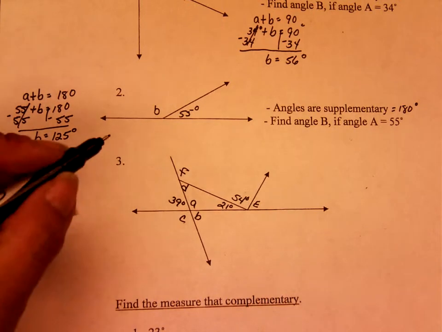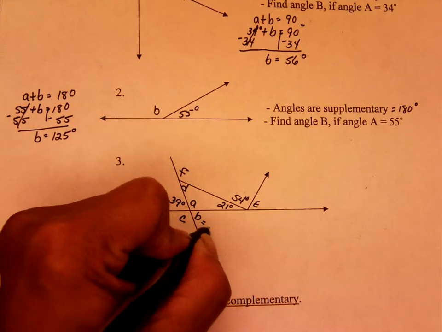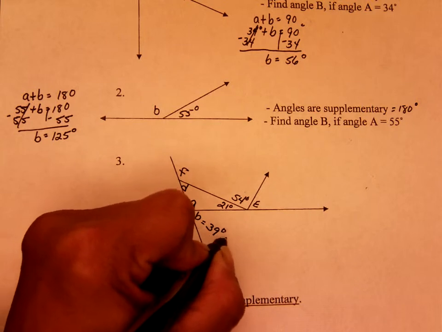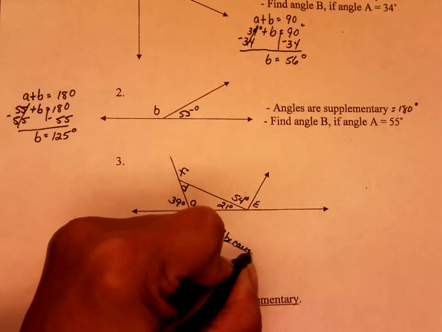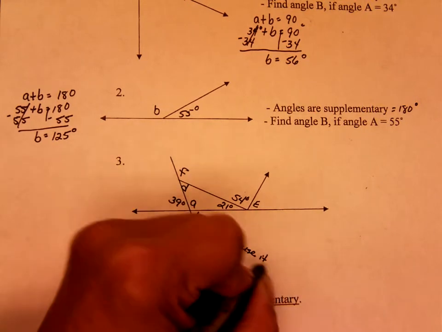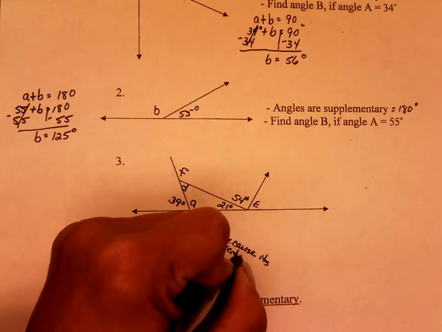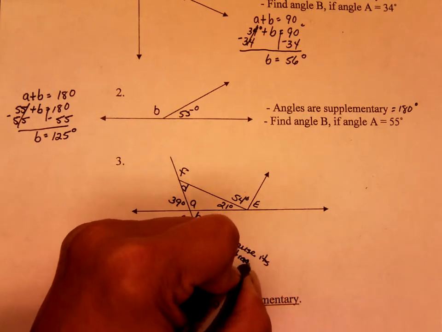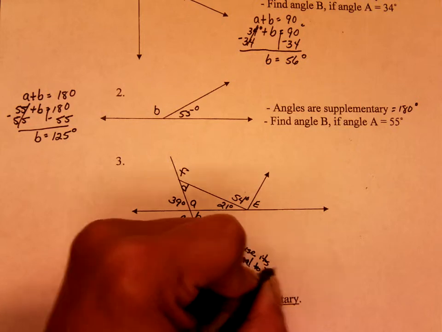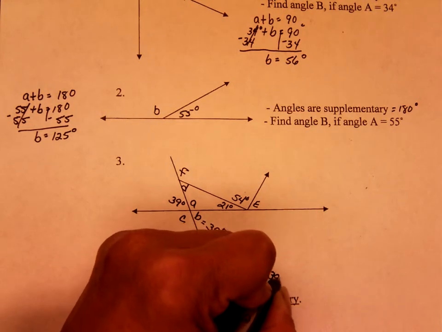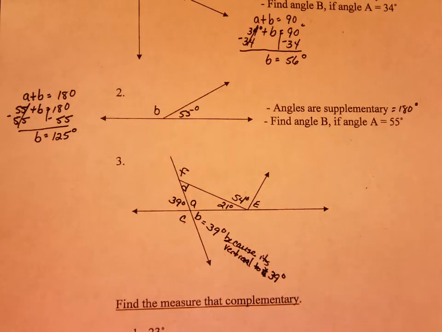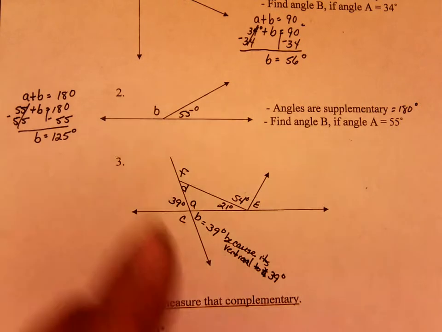And you should have said you can figure out what B is. B is 39 degrees because it's vertical to the 39 degree angle. Okay, so we know B is 39.